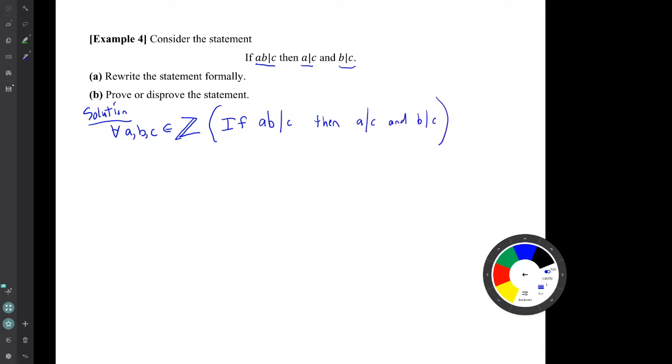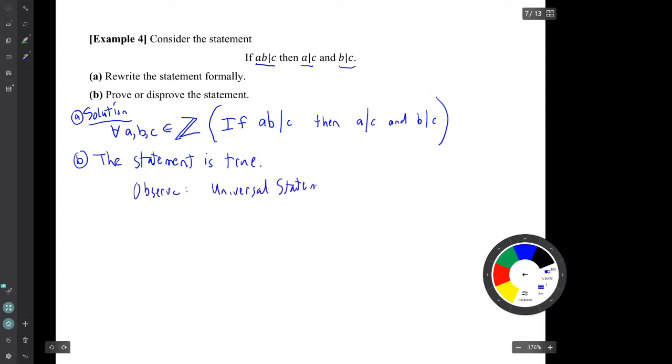Well, that statement is actually true. So how are we going to prove it? Well, notice that it's a universal statement, and the domain is infinite. In fact, it's a universal conditional statement.